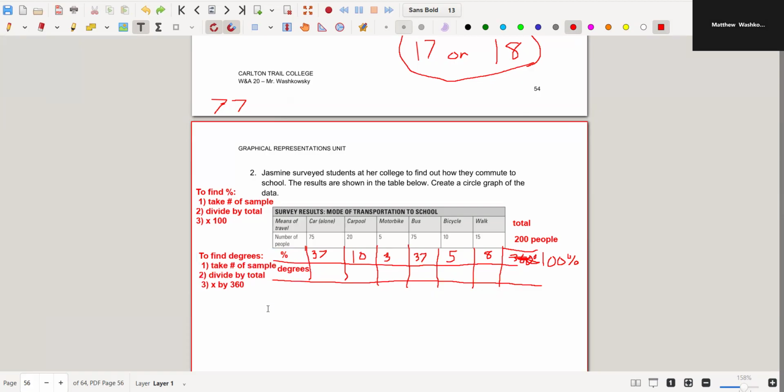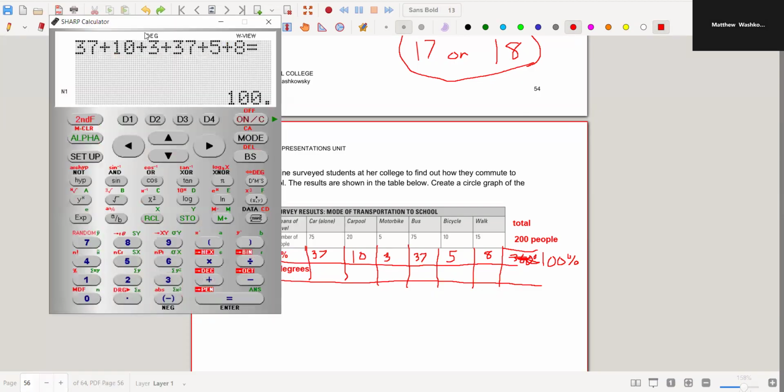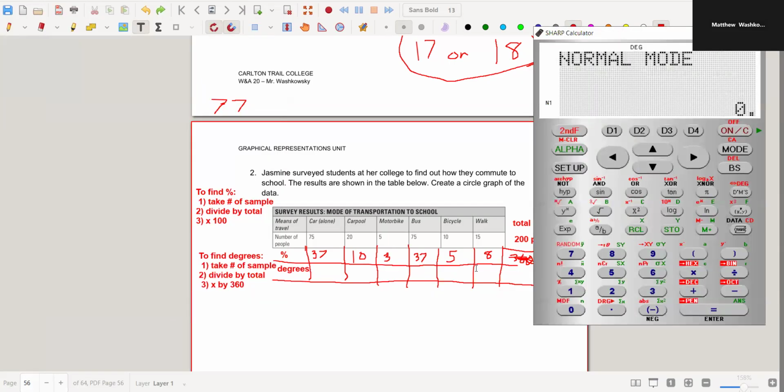Actually, no, I'm going to write that how it was. So I'll give you an example here. I'm taking 75 over 200. I'm going to times that by 360 because it's 360 degrees. Gives me 135 degrees.